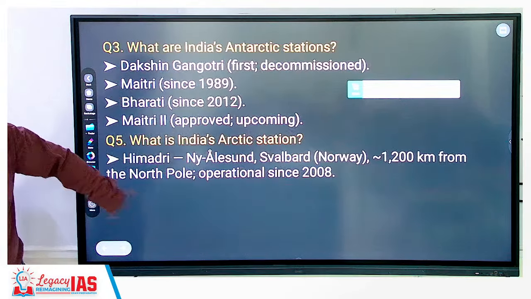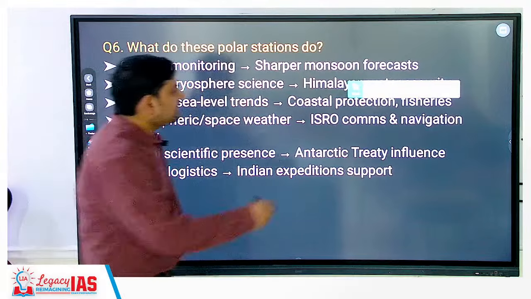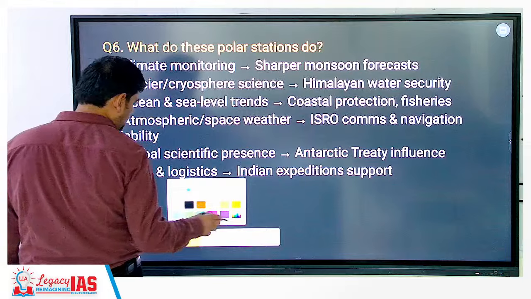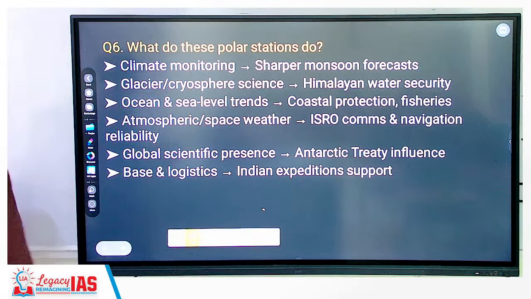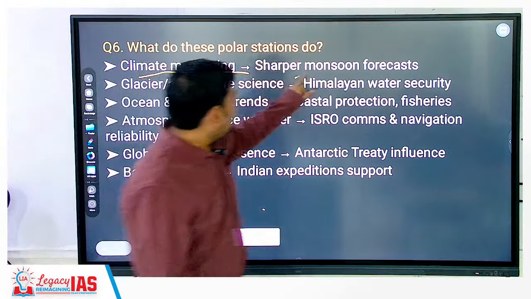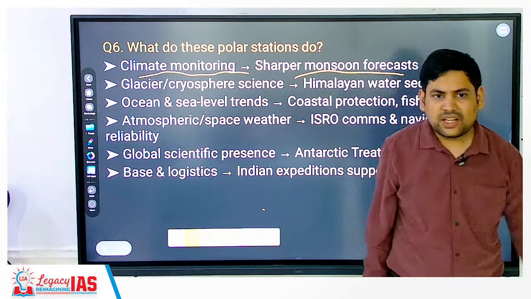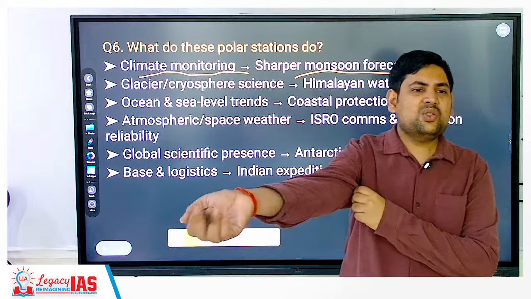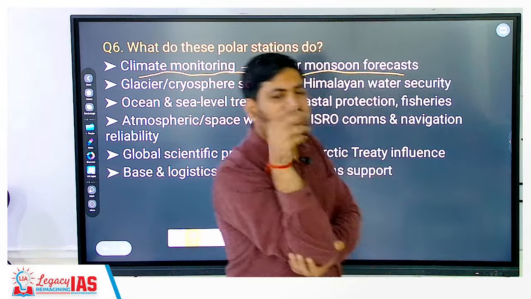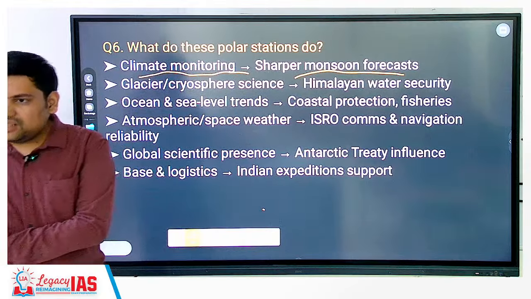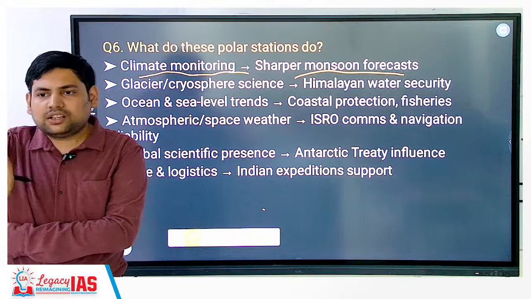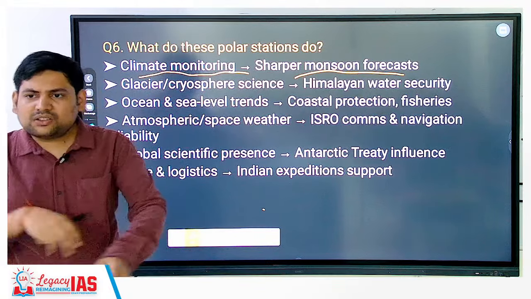Then, now, what do these polar stations do? Okay, why do we have polar stations in the first place? First is climate monitoring. Okay, it will give us sharper monsoon forecasts. Now, if you know about the polar vortex. Polar vortex, you know. Okay, so there are different phenomena in the polar region that affect the atmosphere or affect the weather of different parts of the earth.